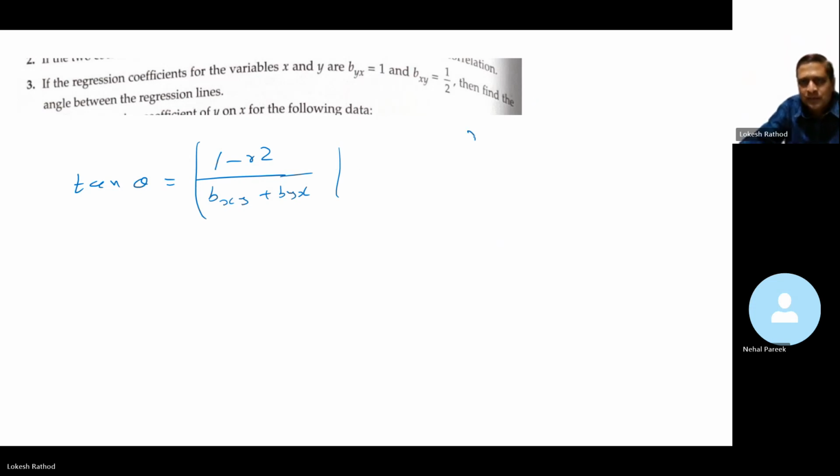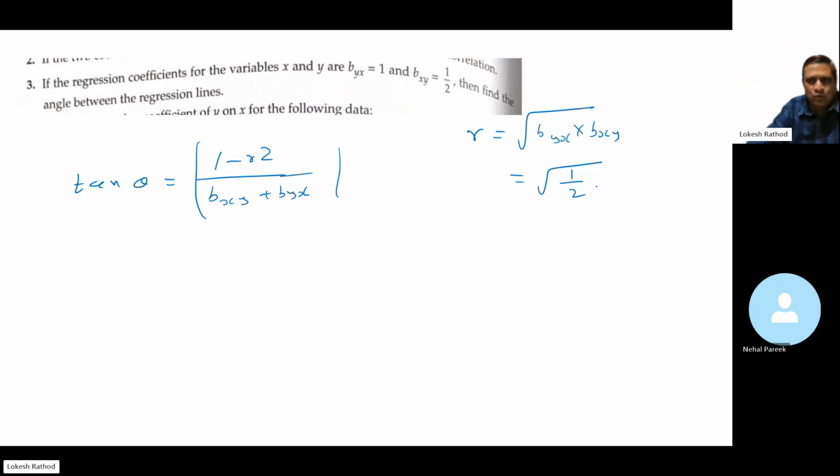How do I find r? The formula was root over byx into bxy. That is square root of 1 over 2 only, right? Fine.